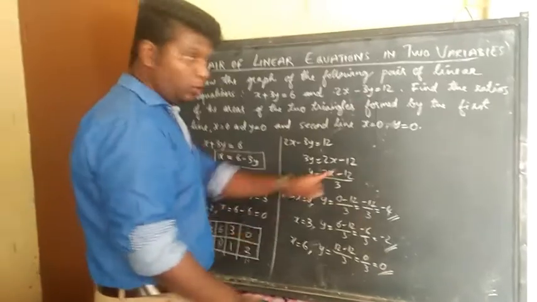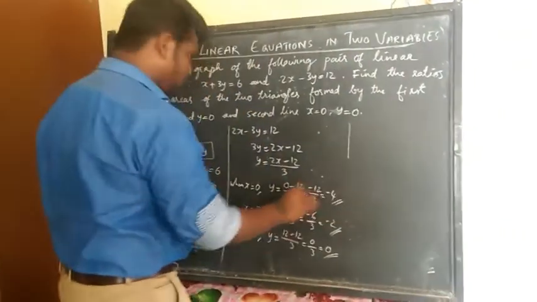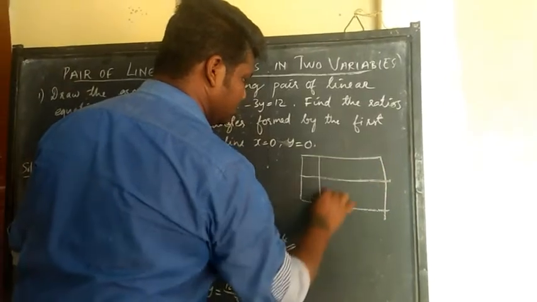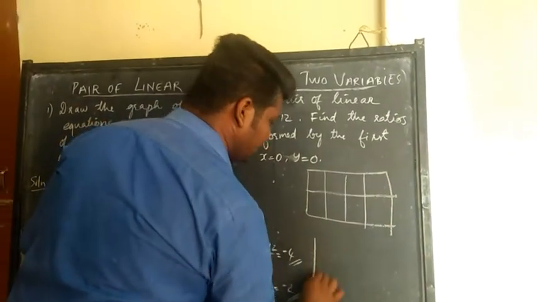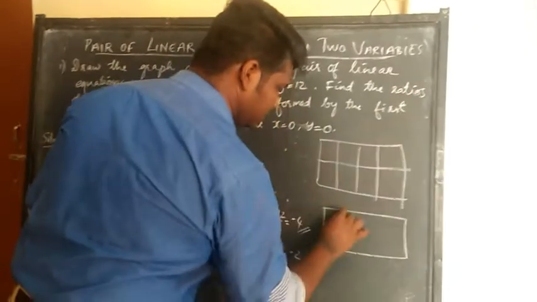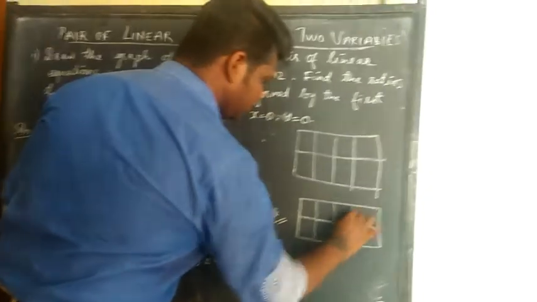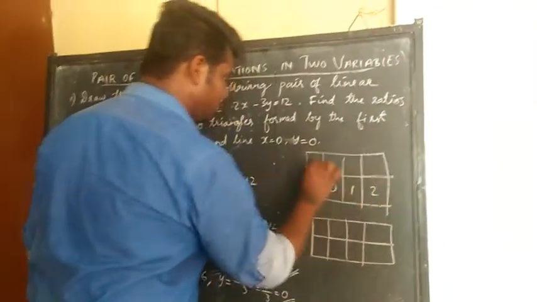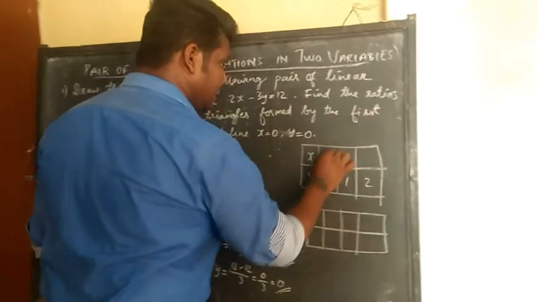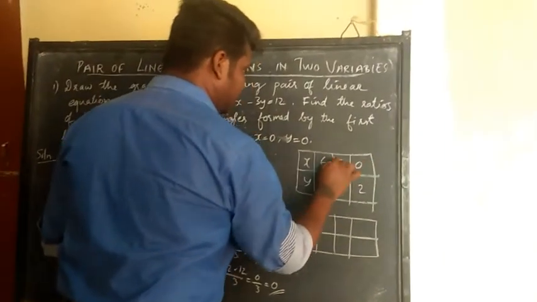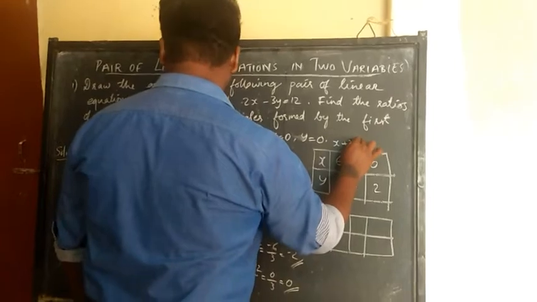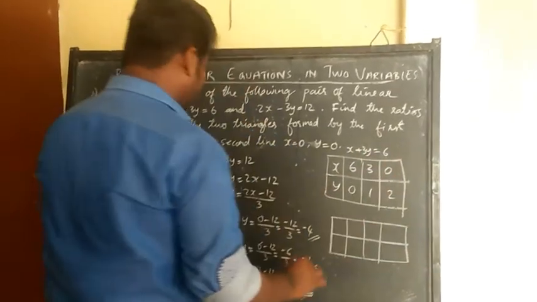What is the next solution set? So I am writing the first solution set here. This was the first solution set. And the second solution set. For the first solution set, for y value you gave 0, 1 and 2. Corresponding x values were 6, 3 and 0. This was for the equation x plus 3y is equal to 6.